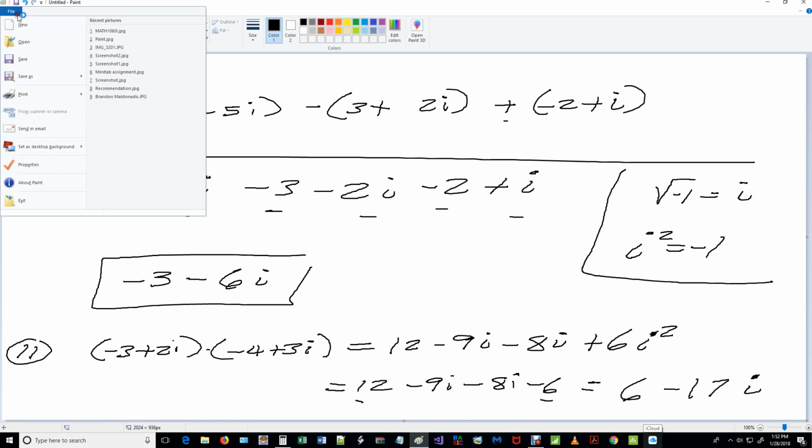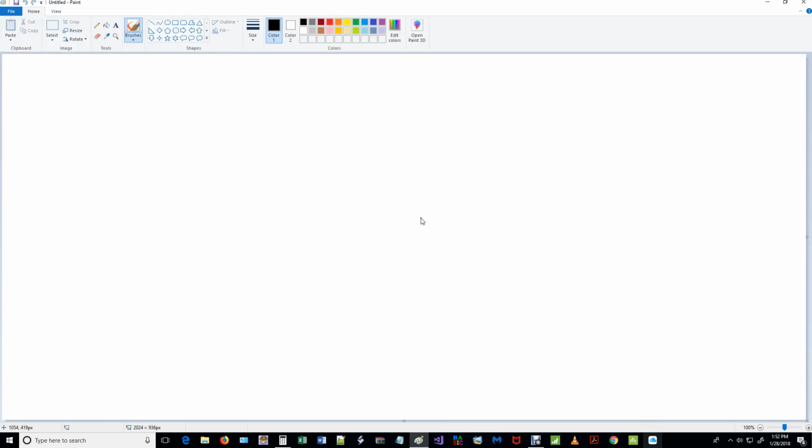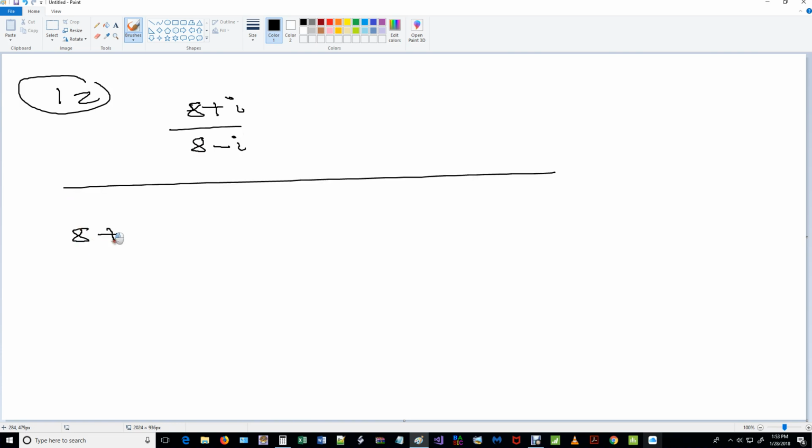We're going to do number 12. So number 12, we are going to divide now. This is (6 plus i) over (8 minus i). We divide the same way all the time. For example, in this case, the denominator is 8 minus i. To divide, take a look at this one.